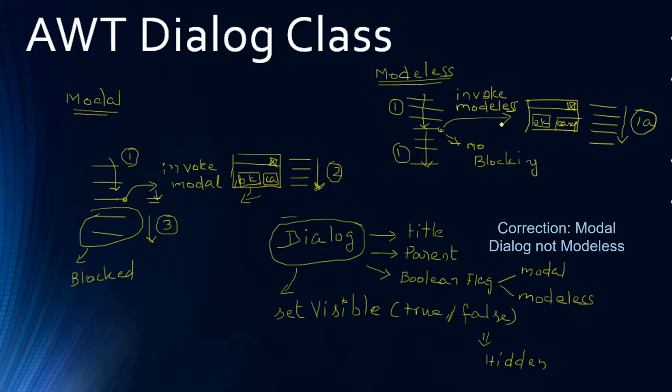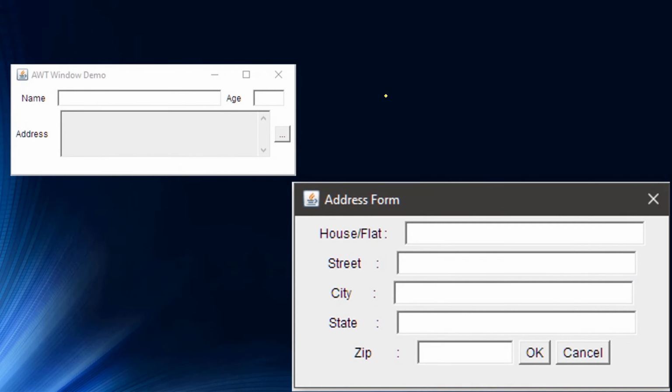So in this example, we are going to create a modeless dialog. And if you see here, this is our frame window. This frame window has an ellipsis button, and once you click that ellipsis button, that will launch this dialog. So in this dialog, the user can fill the content.